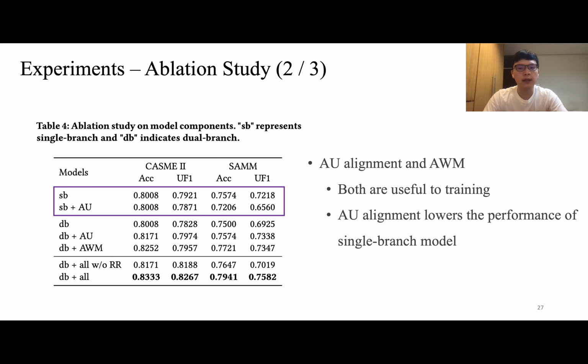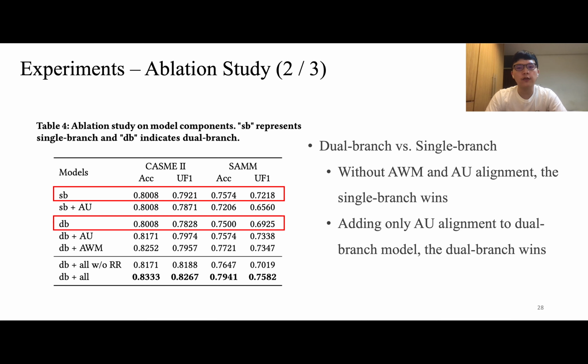Our possible explanation is that using single branch model is not enough to extract the right region features, because what we want to do in AU alignment is to align the AU features, and AU features are related to our facial region. So single branch model is not enough to extract the correct facial features.